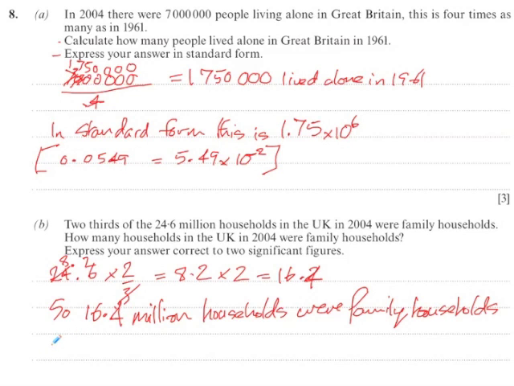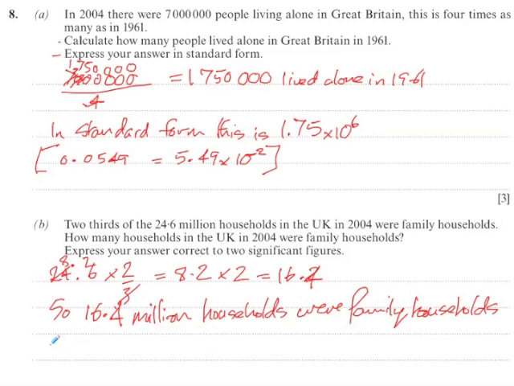But what you do is you look at the two most important figures, and it's also a case of rounding. Now, if this was 16.8, because 8 is 5 or greater, you would round it up and you would say to two significant figures, this would be 17 million.